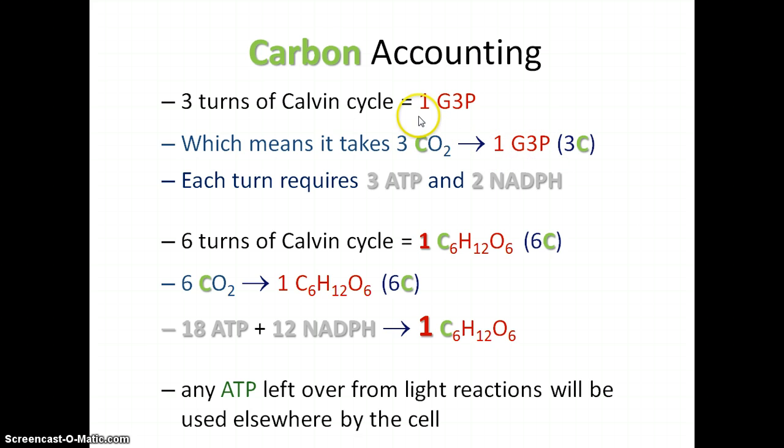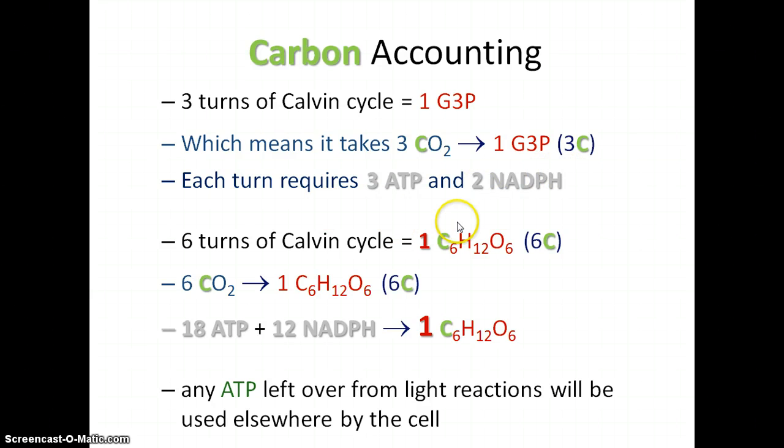And if we're keeping track of carbons, we can see our G3P is a 3-carbon molecule right here. And so those 3 carbons have to come from somewhere, and they're going to come from 3 carbon dioxides. And each turn that we take through this Calvin cycle is going to take 3 ATPs and 2 NADPHs.